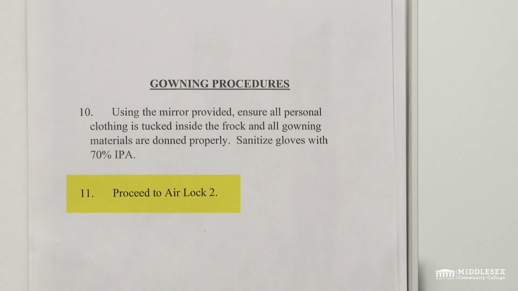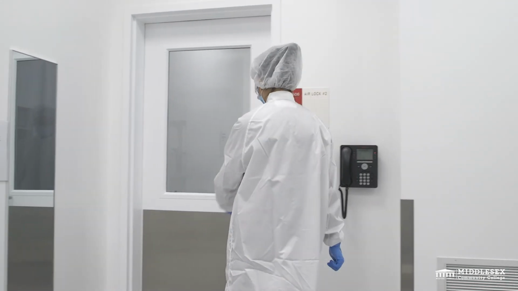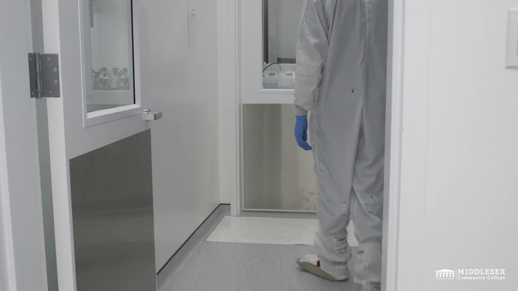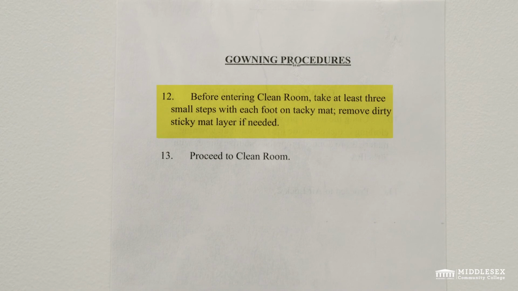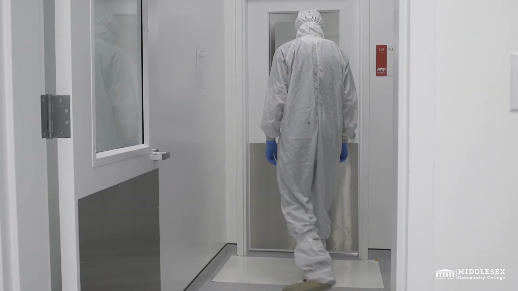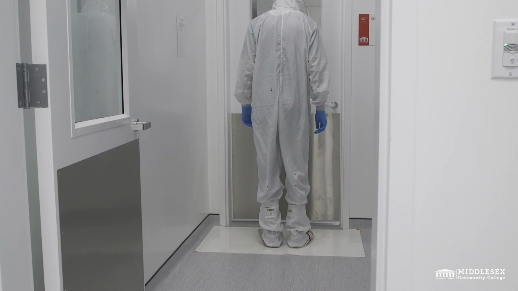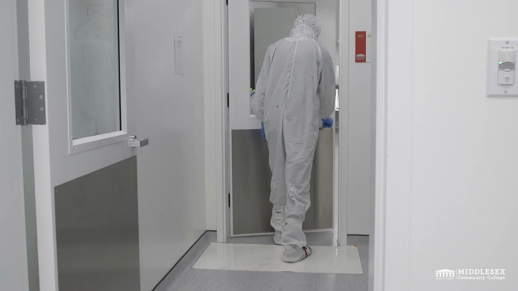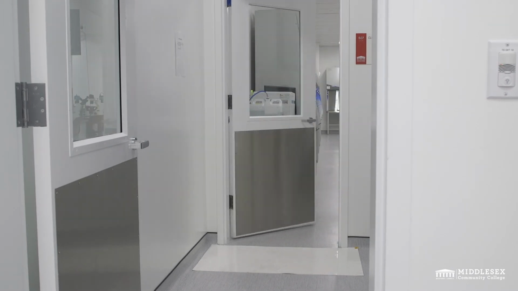Once your gloves have dried, you can now proceed to Airlock 2. Once inside Airlock 2 and before entering the clean room, take at least 3 small steps with each foot on the tacky mat. Remove the dirty sticky mat layer if needed. You can now proceed into the clean room.